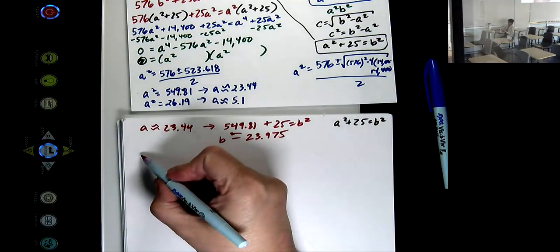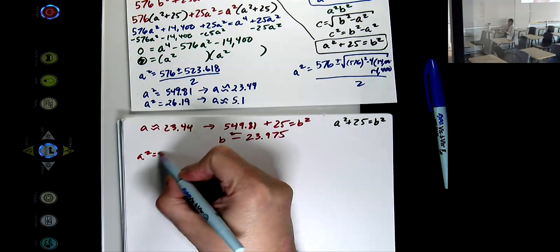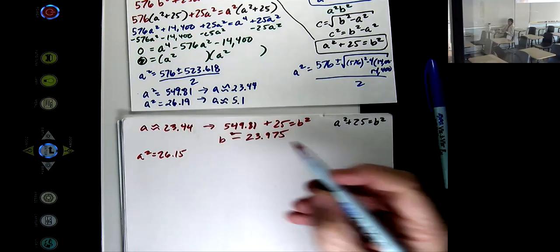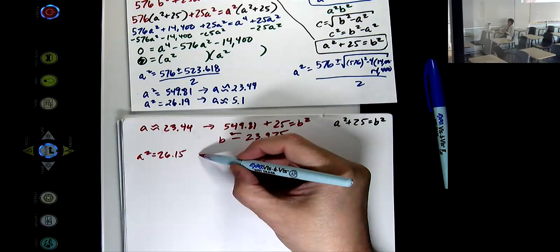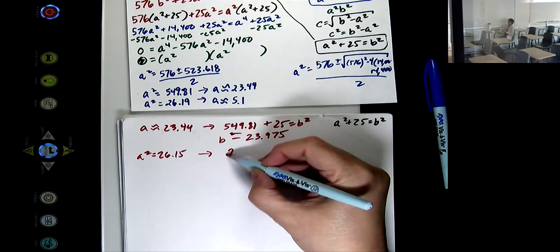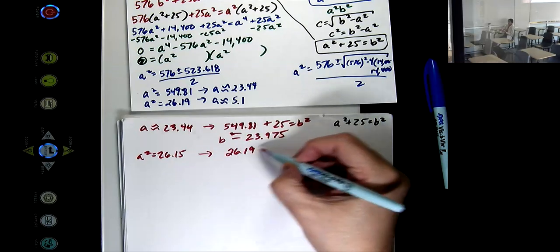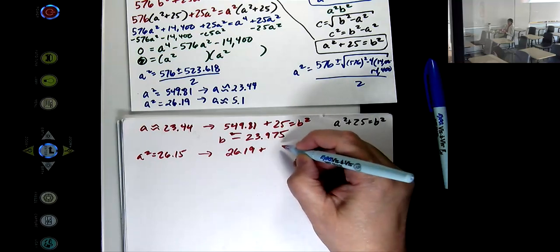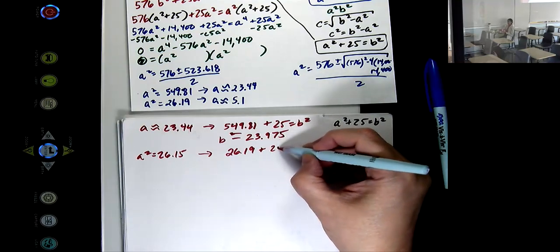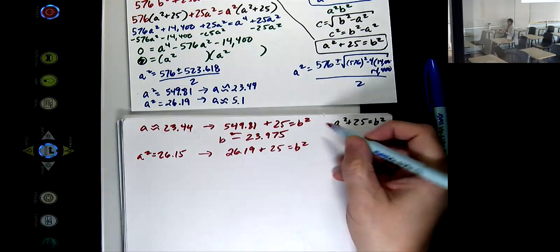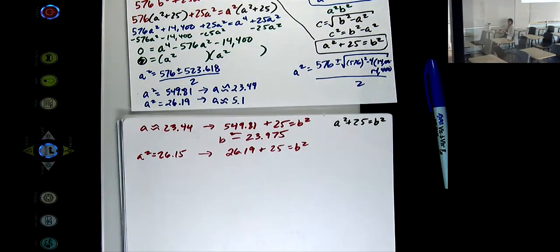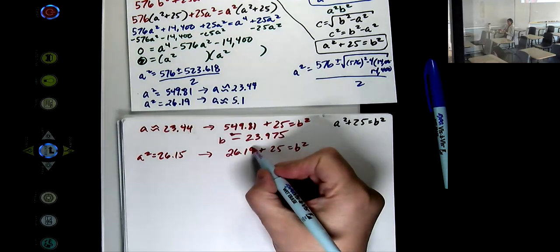If I do A squared equals 26.19, 26.19 plus 25 equals B squared.